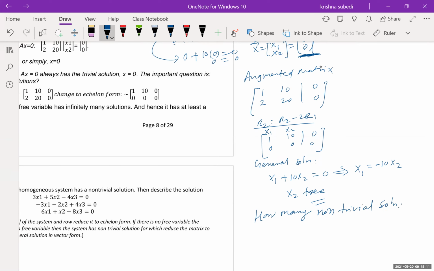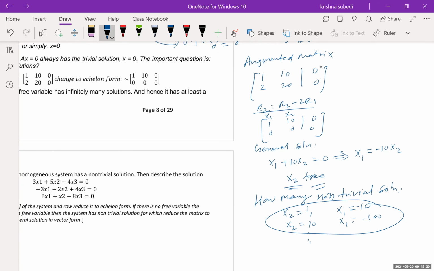Because x2 free means you can choose x2 equals 1, and in that case your x1 equals negative 10. You can choose x2 equals 10, for example, so that your x1 equals negative 100. You can choose infinitely many because x2 is free. These solutions are called non-trivial solutions. Are there any questions about trivial and non-trivial?